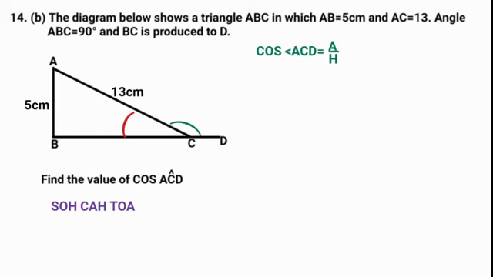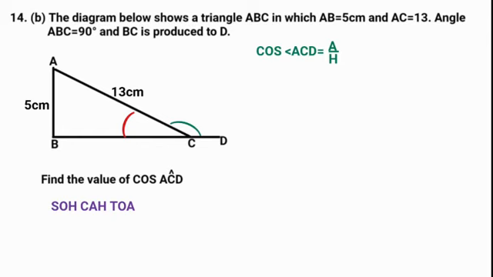So to find the cosine of this angle, we are going to use this inner angle to find the hypotenuse of the angle which is outside. How are we going to find this?